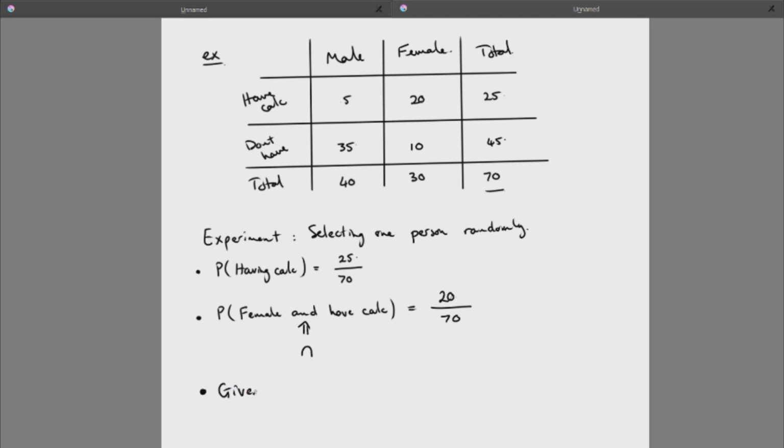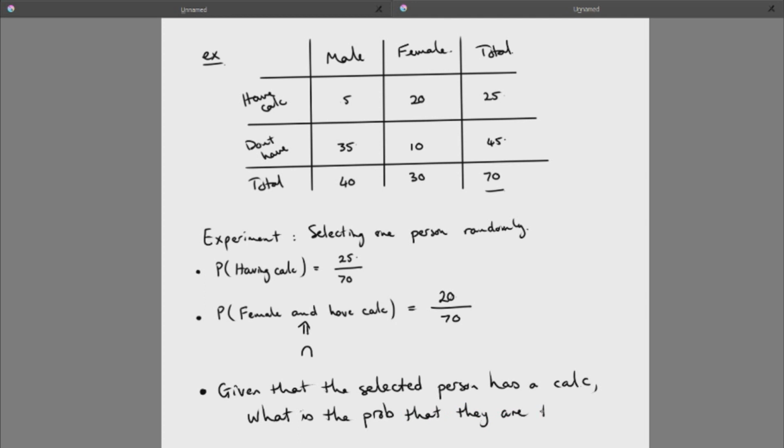Given that the selected person has a calculator, what is the probability that they are female?